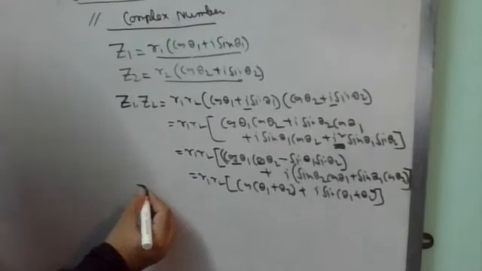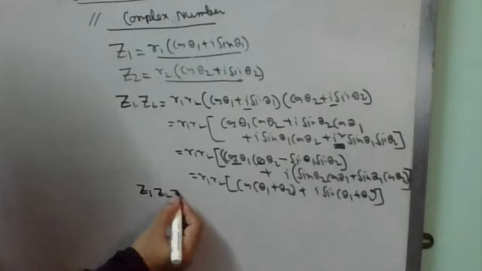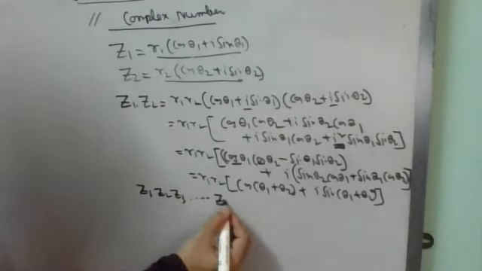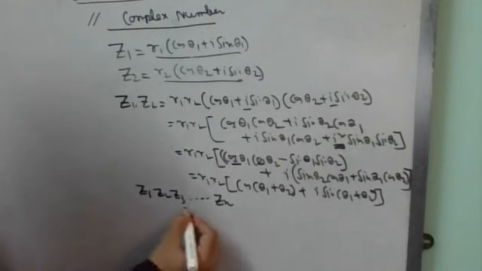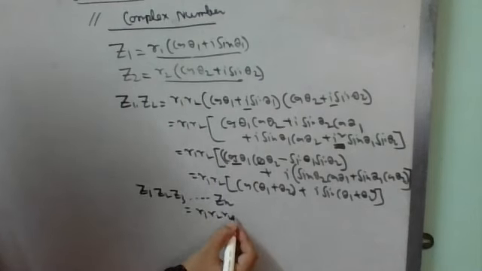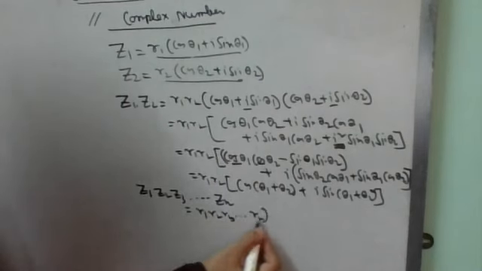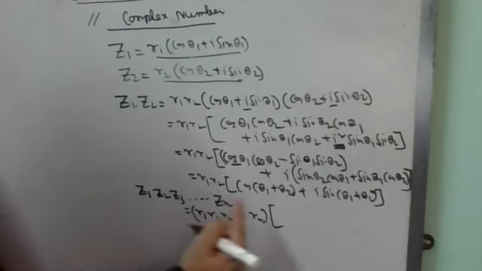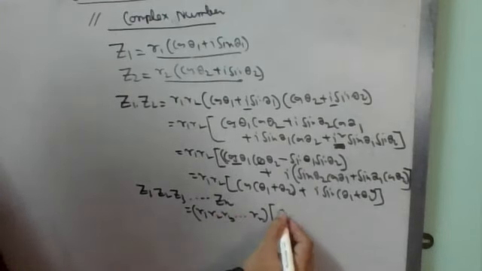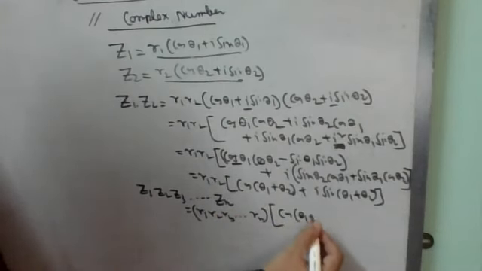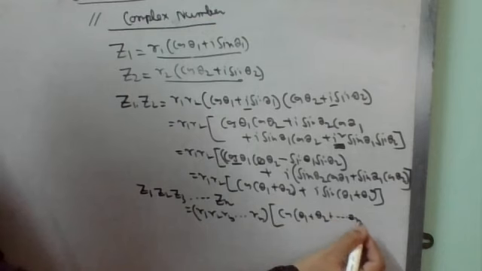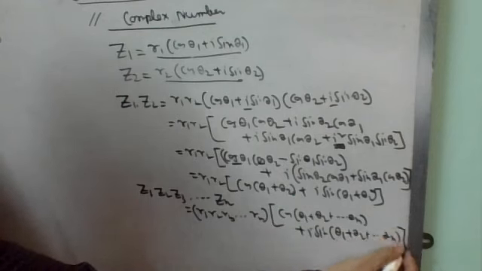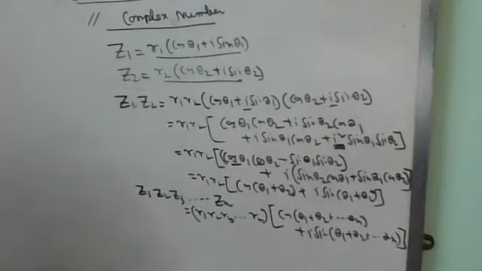So z1, z2, z3 up to zn means r1, r2, r3 up to rn, and in the result you will get cos(θ1 + θ2 + ... + θn) plus i sin(θ1 + θ2 + ... + θn).